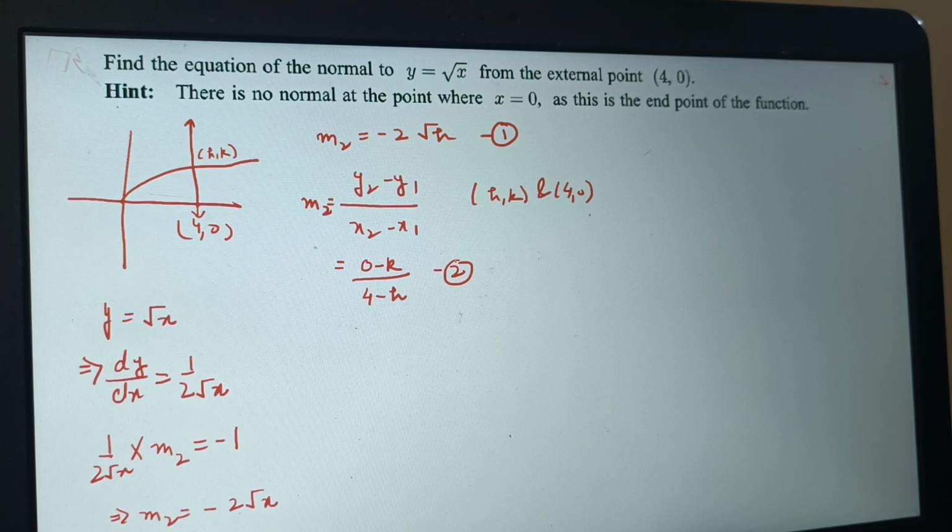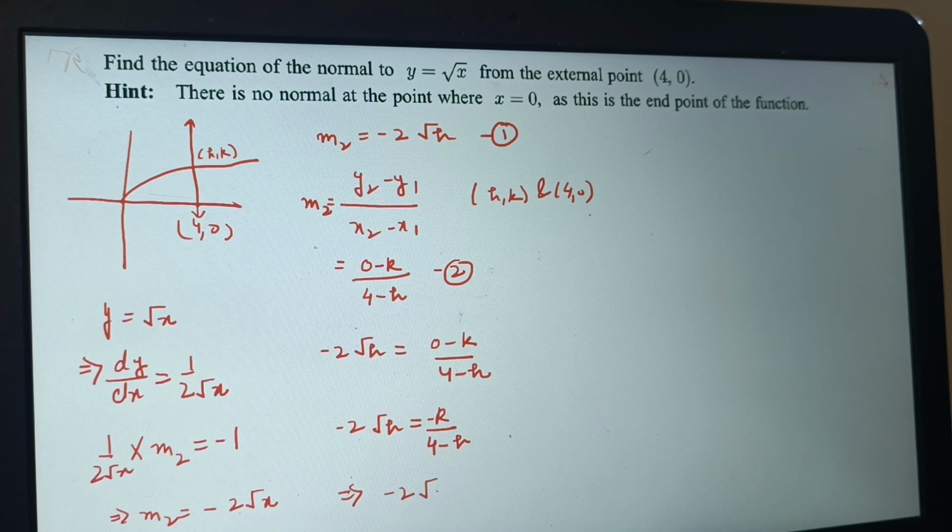Equation 1 and equation 2 will be equal to each other, as m2 is the same slope of the normal, so I can write minus 2 square root of h equals 0 minus k over 4 minus h. Solving this further, I get minus 2 square root of h equals minus k over 4 minus h.